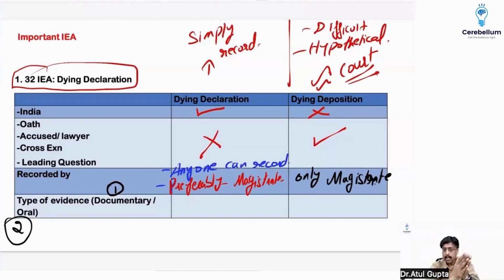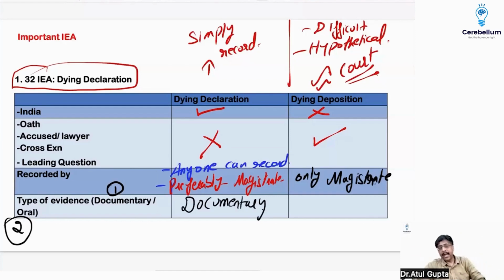Then he dies. Later on, only the document goes to the court. Even if you have recorded his video, you cannot cross question him, because the person is dead. So this is documentary evidence.